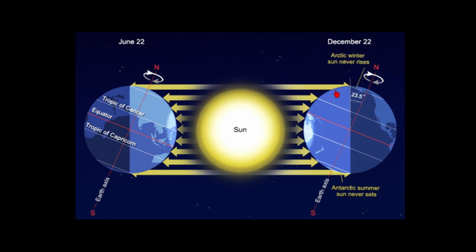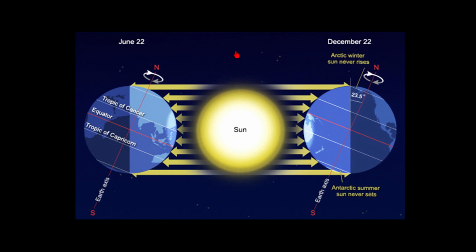And when the North Pole of the Earth is tilted away from the Sun, the light from the Sun seems to favor or concentrate on the Southern Hemisphere. So when we are experiencing our summertime, the Southern Hemisphere is experiencing their wintertime. And when we experience our wintertime, you'll notice the Southern Hemisphere is experiencing their summertime.